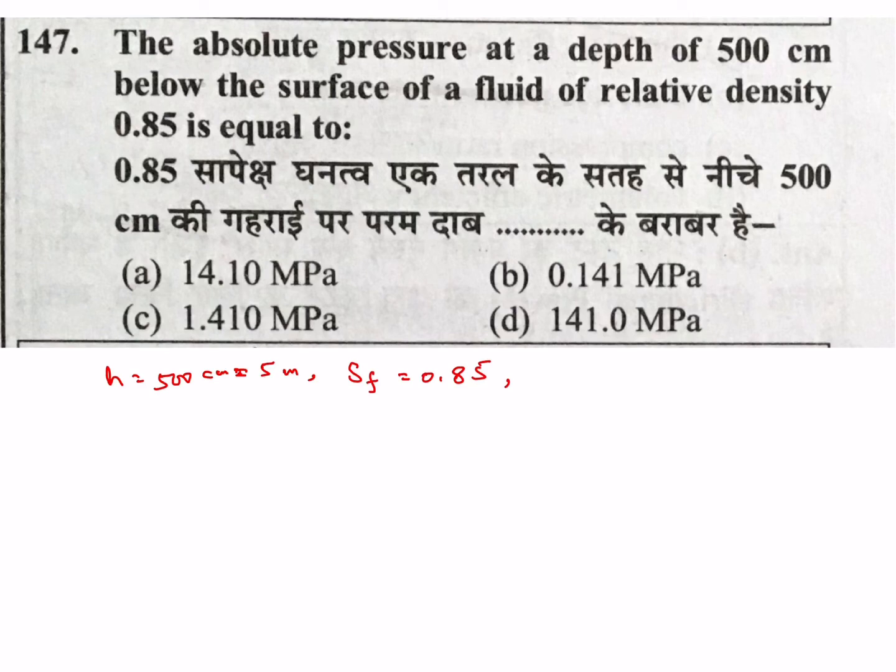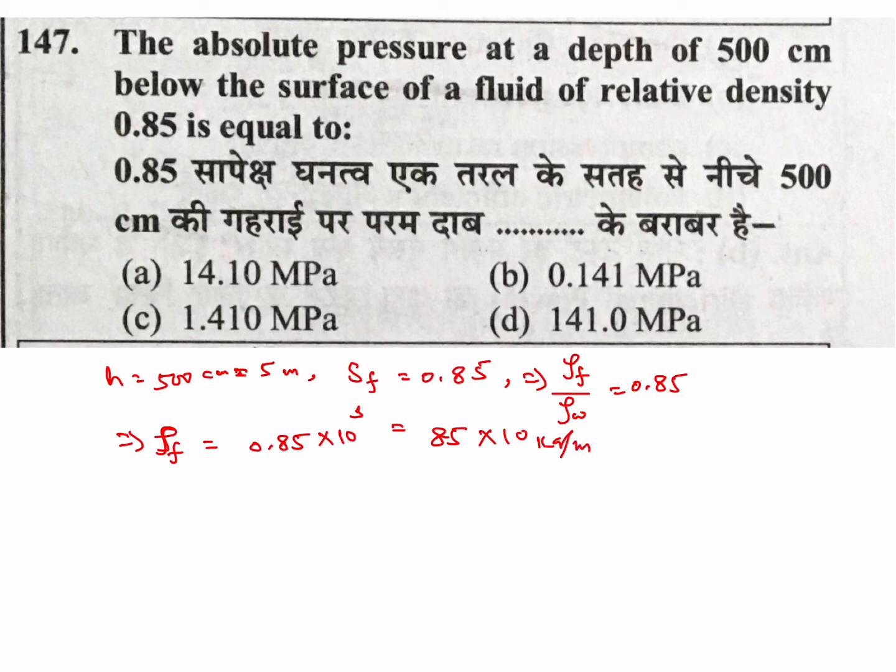So from here we can calculate density value. Density of fluid by density of standard fluid or water equal to 0.85. So density of fluid is 0.85 into 10 to the power 3, 850 kg per meter cube, density unit.